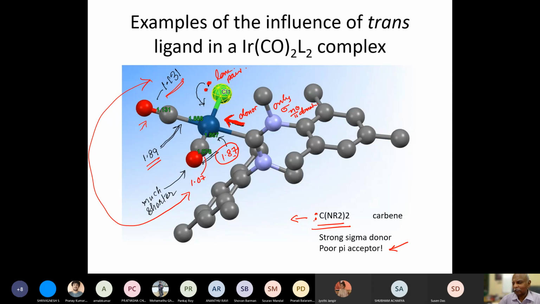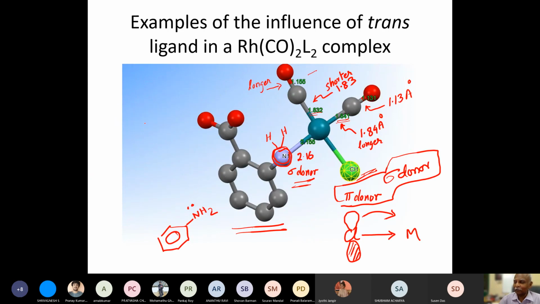Let's keep this example aside and go to a different example where I have only a sigma bond, so that confusion will not be there. This is a rhodium example where I have an amine, and the amine doesn't have a pi star, only a sigma donor, no pi at all. There you had a slight complication from a pi accepting competing ligand.